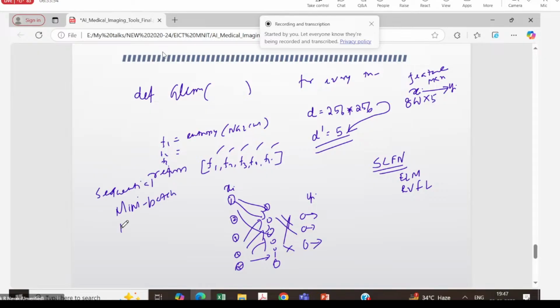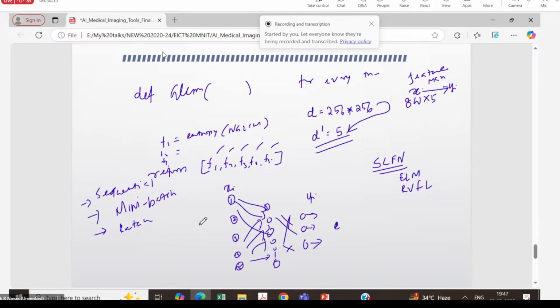So there are 3 different learning strategies which you can adopt here. Sequential means you pass one sample, you get the error at the end, and you then update the weights using the backpropagation algorithm.